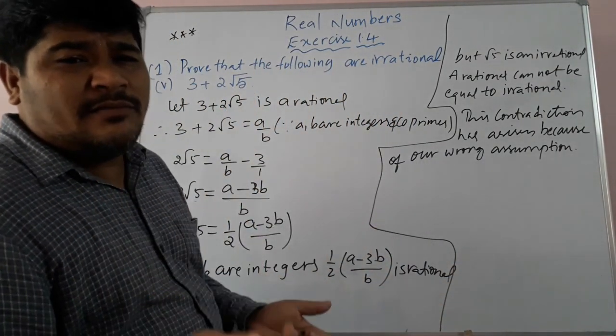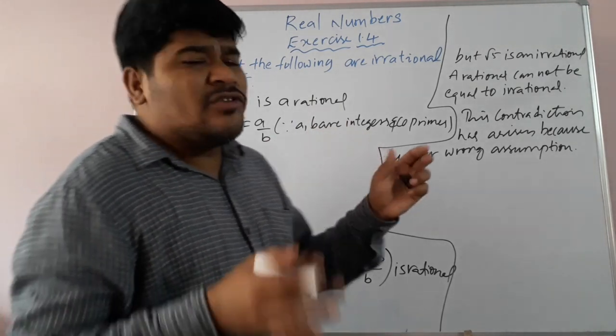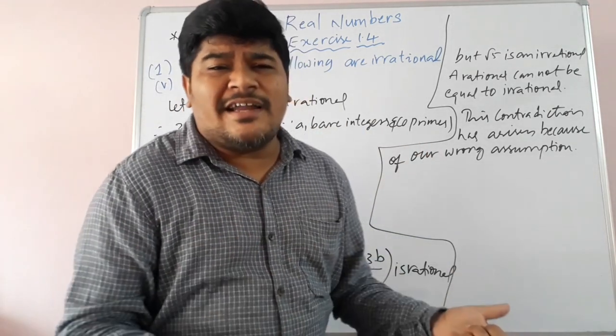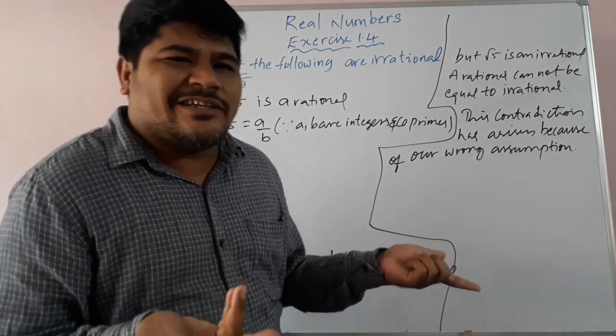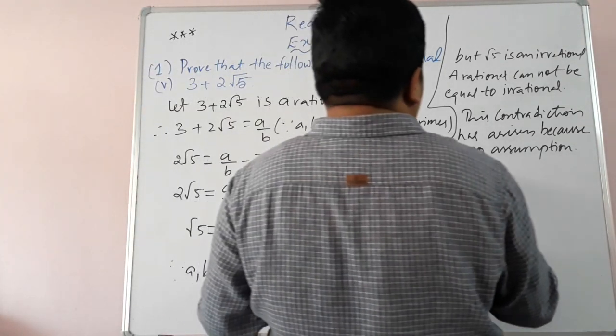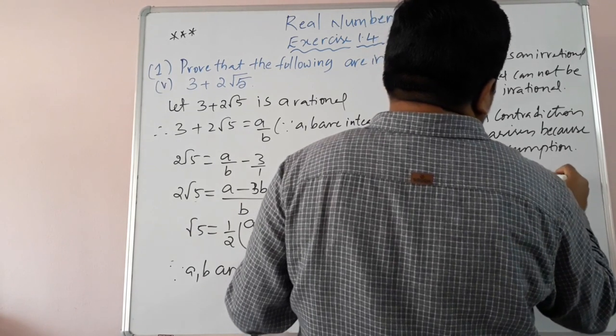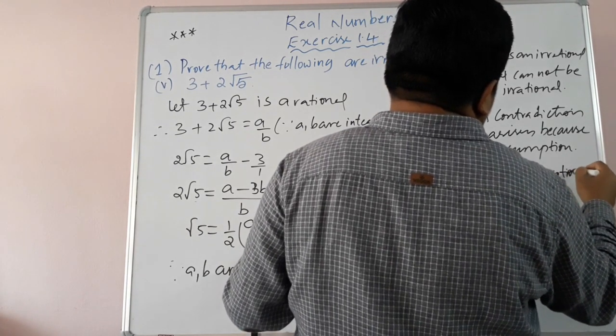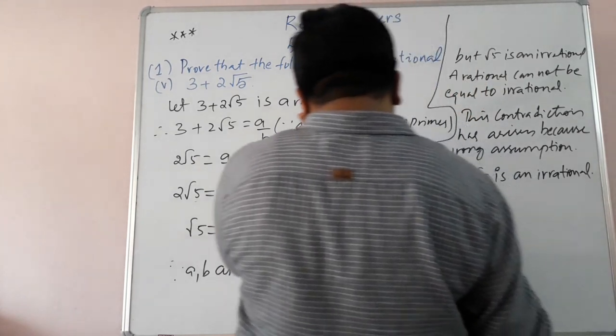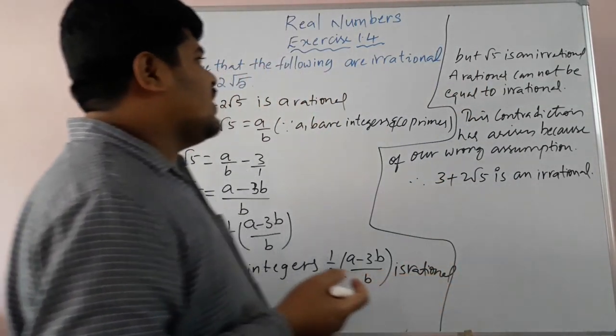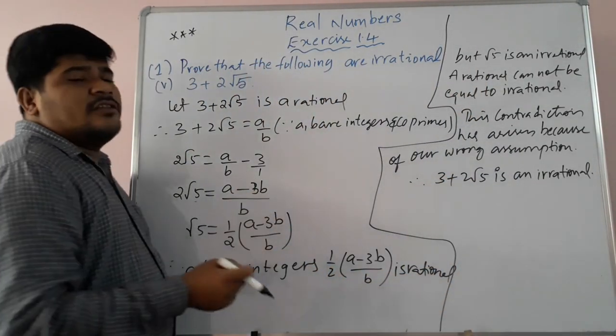That is our assumption, and here we proved that it is wrong. If that is wrong, what is correct? 3 plus 2 root 5 is irrational. Therefore 3 plus 2 root 5 is an irrational. So children, in this way we can solve this problem.